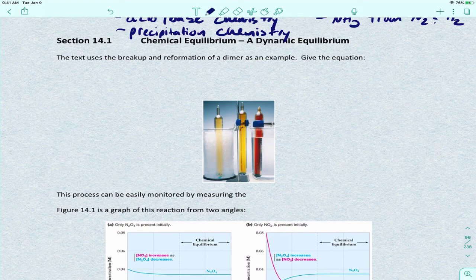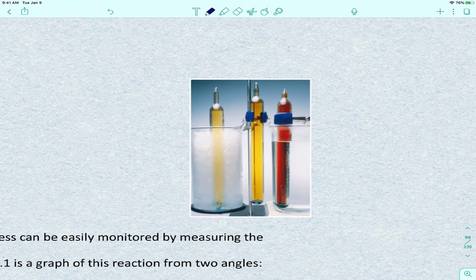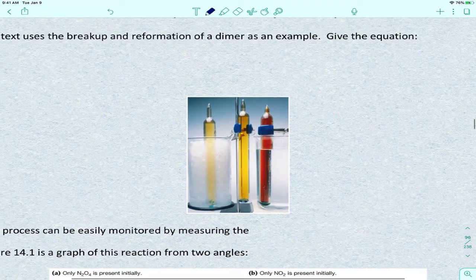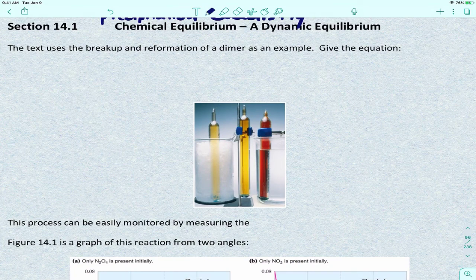All right. So we have this picture with three test tubes, or three glass tubes, with some chemicals. Inside the one on the left, you have N2O4. That test tube is being held in a beaker filled with ice water.